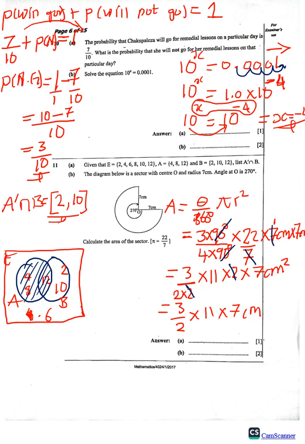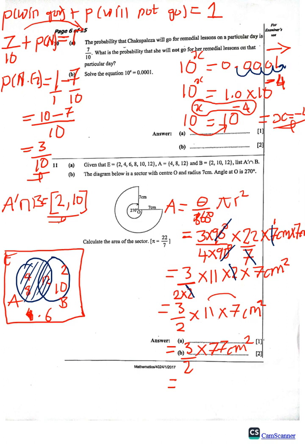So first let's multiply 11 by 7. Since we know that 7 times 1 is 7, here we have 77 centimeter squared.